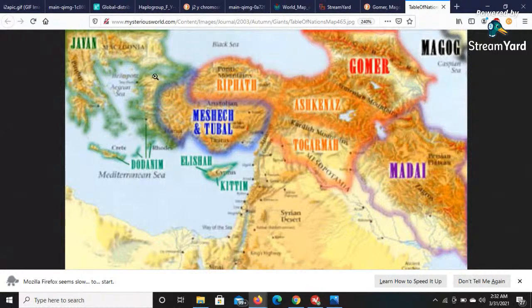So Meshech and Tubal is like Turkey. Javan is Greece. Gomer is that area where the T is, I believe. I think the T is there. Anyways, and Magog is on the other side of the Caspian Sea.